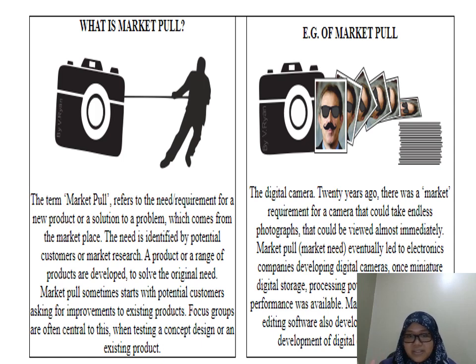Yes, battery performance was important. I can tell you that I went through this market pull transition of the digital camera, and market pull ensured that photo editing software also developed in parallel with digital camera technology. And now you can see that not many people use digital cameras. People just use their handphone for taking pictures. So that's the current evolution of the camera.